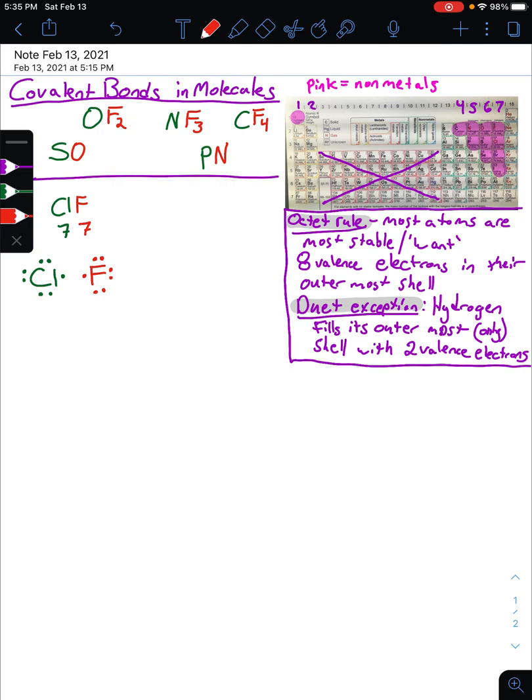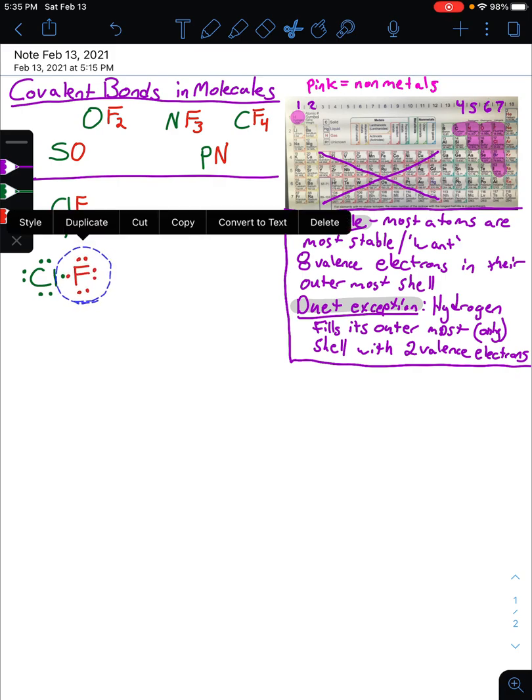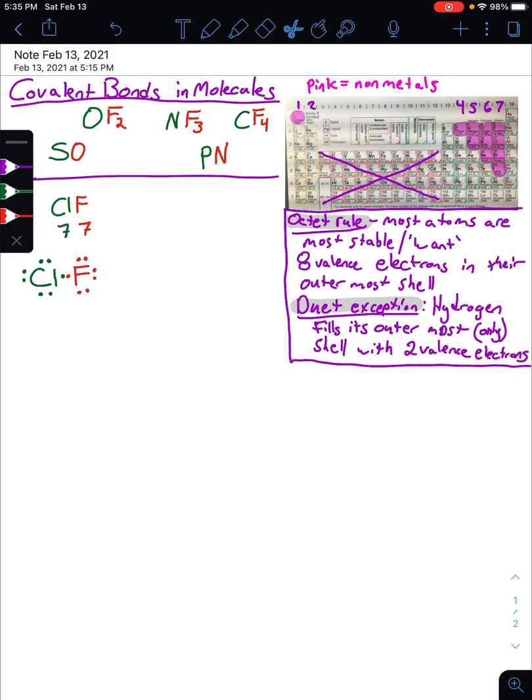These two can bond together. Unlike an ionic bond where we get transfer of valence electrons, covalent bonds are going to share. So they will come together like so. Now this could be done. Many books will teach drawing covalent bonds just like this.